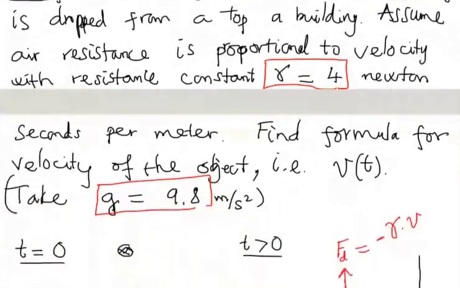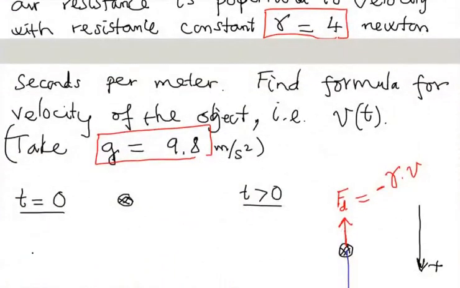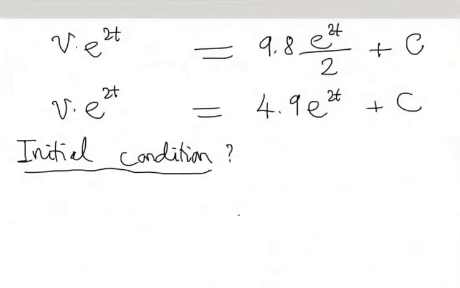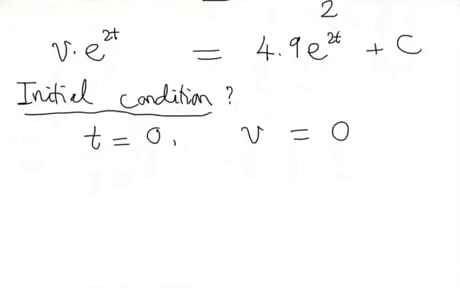So when t equals 0, that is where the initial condition is, the object has velocity 0 because it dropped from there. So no velocity at the beginning. What it means is t equals 0, v equals 0. We do have an initial condition.